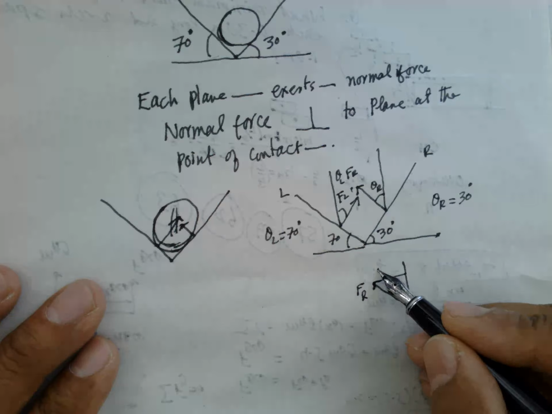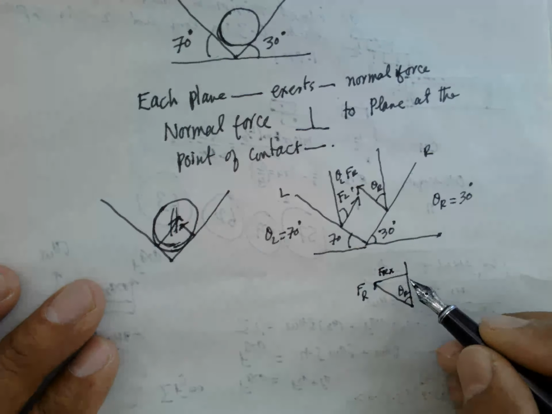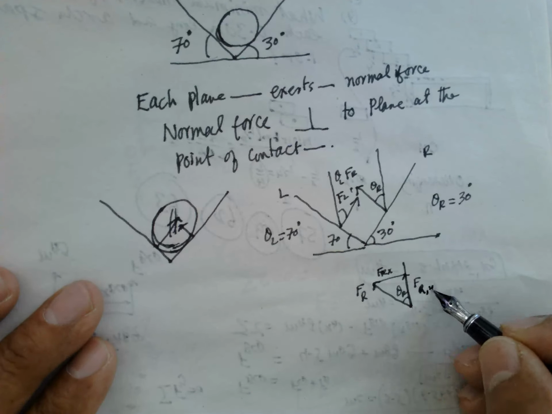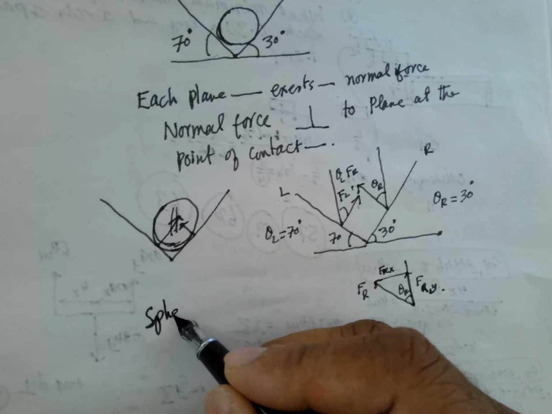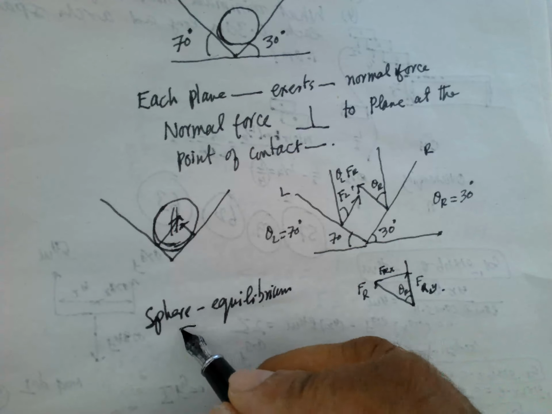So this is F right, this is theta R. This is the x component, F_Rx, and this one is the F_Ry component. The sphere is in equilibrium, which means all the forces sum to 0.